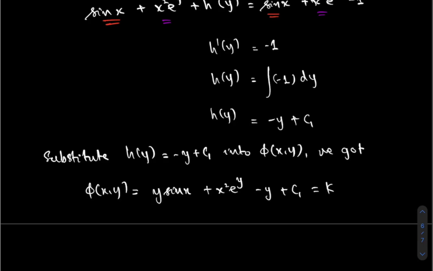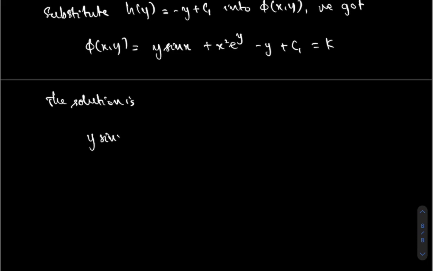You have a constant k on the right hand side and the constant c1 on the left hand side. You can combine these two constants together to obtain an arbitrary constant c. So the solution is y times sine of x plus x squared e to the y minus y equal to a constant c. Once again, c is an arbitrary constant in this case. So this is the general solution.